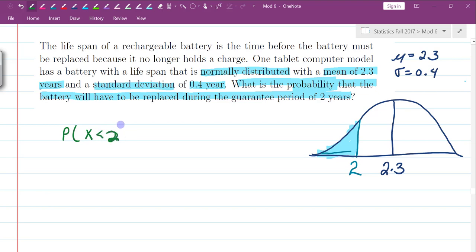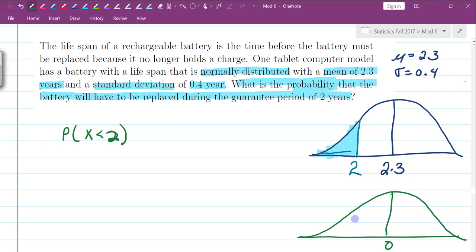And we want to go ahead and draw a picture of our standardized curve. So here's our standardized curve. 0 is our mean. We need to find out what our Z value is. So Z is going to be equal to 2 minus 2.3 divided by our standard deviation of 0.4.